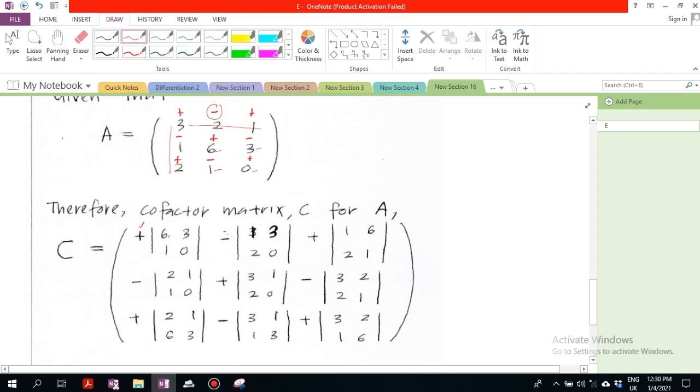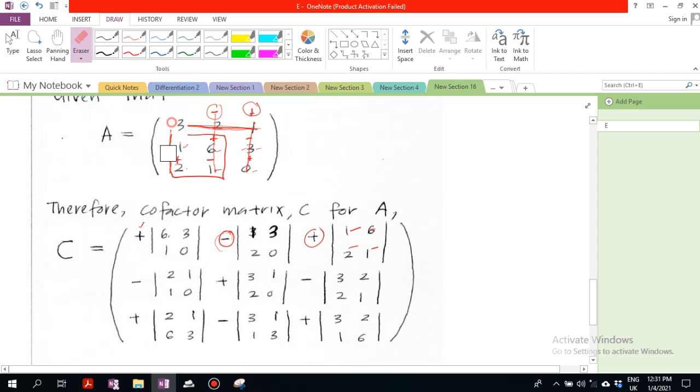So you're putting a negative here. Then you will get the remaining of, eliminate this one, you eliminate this one, you will get 1, 3, 2, 0. Okay, the third one will be positive. You are putting positive here. You eliminate this one, you eliminate this one, so we remain this one. Okay, so 1, 6, 2, 1.